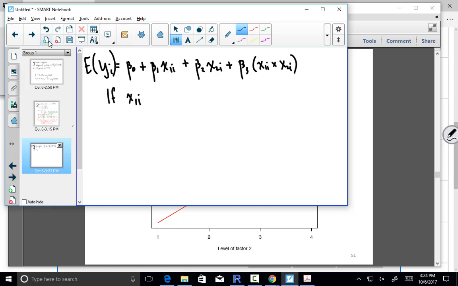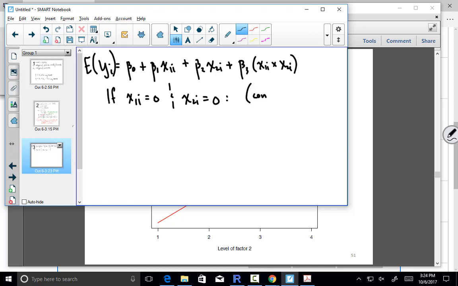Watch what happens if we say x1 is 0 and x2 is 0. That's a subpopulation. That's the control group, in, say, males. If we code it males are 0, or no, I did low versus high. So x1i equals 0 means control. x2i equals 0 means low dosage.